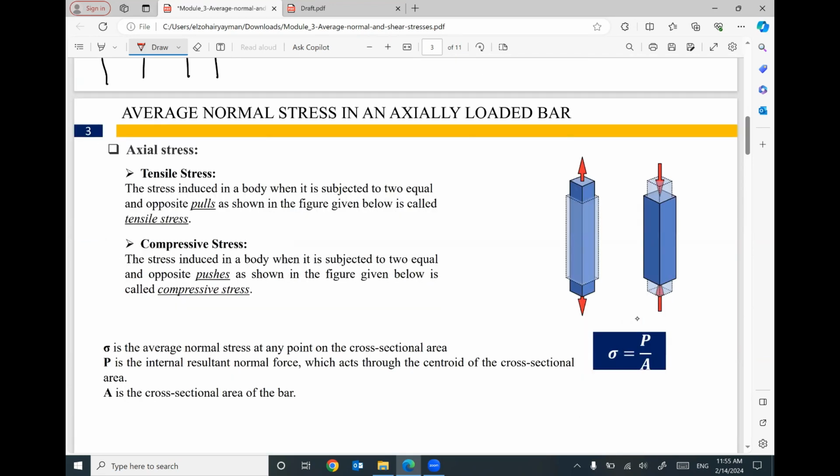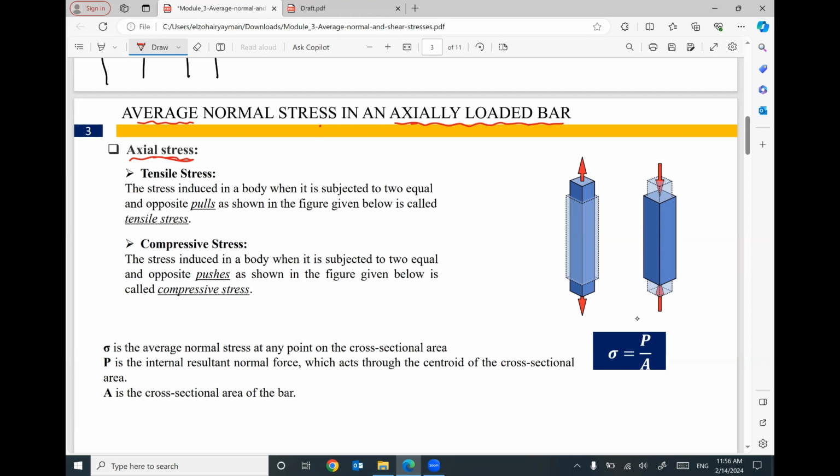Normal stress can be classified into axial stress and bending stress. We discussed this in the previous video. We will focus in this module on the axial stress, actually the average normal stress caused in an axially loaded bar.